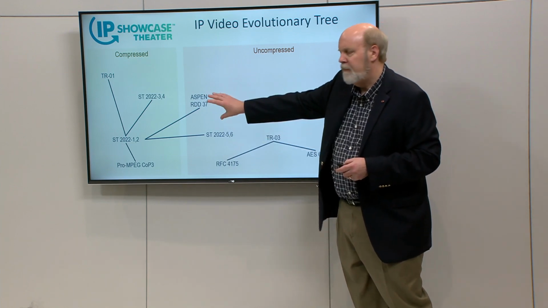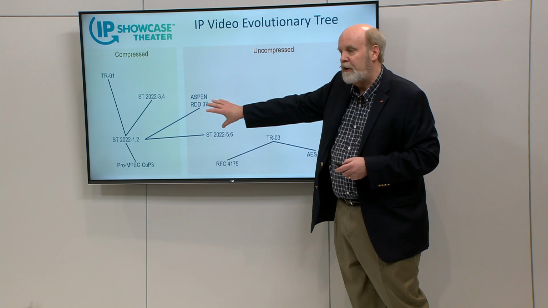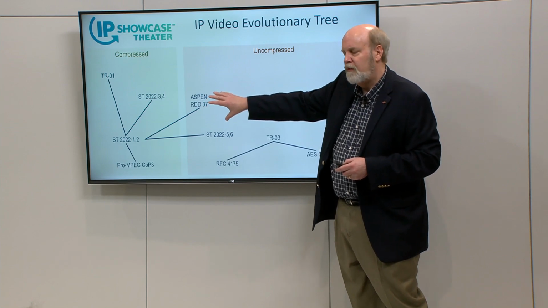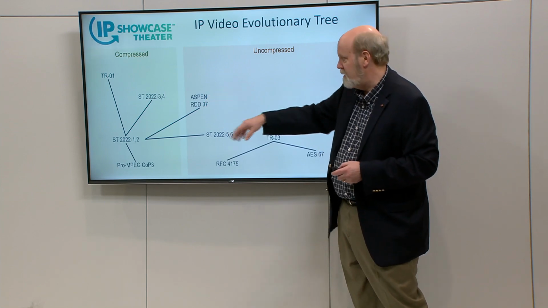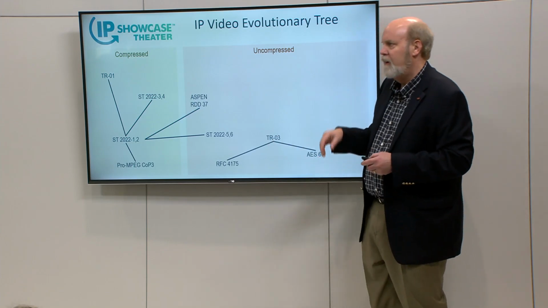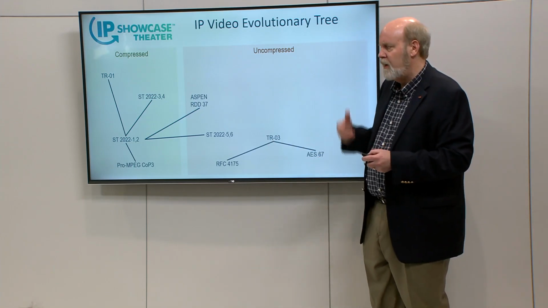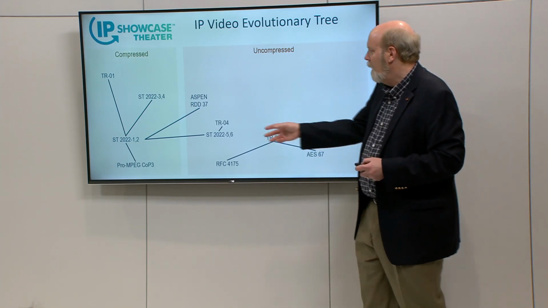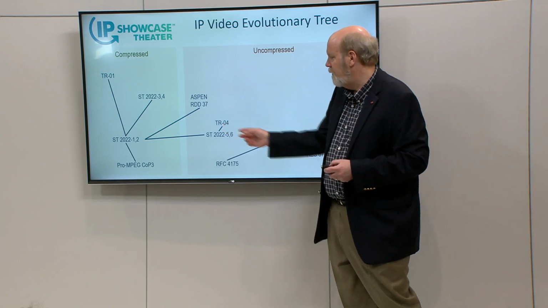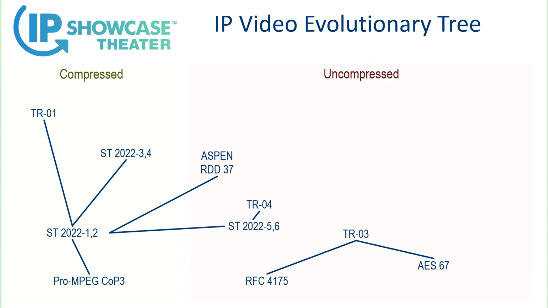So these are both very good specifications and standards in the case of the ST 2022 for putting uncompressed video over IP. A slight variation to this to accommodate some timing differences was TR-04 that worked along with TR-03.